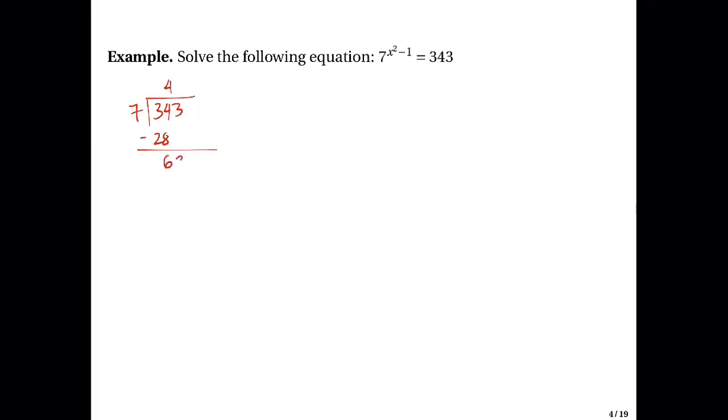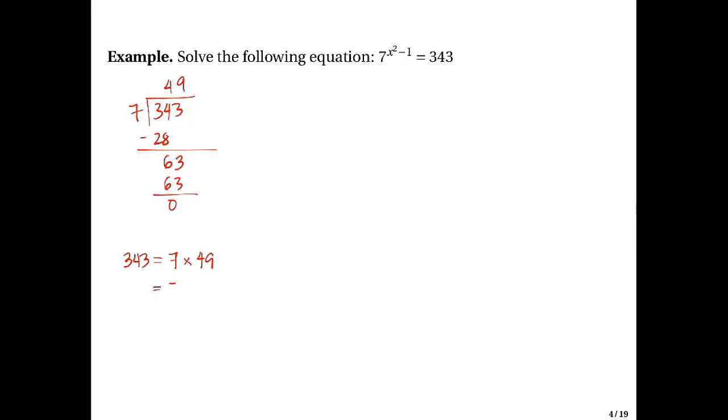And then we now have 63 divided by 7. This is 9. And 9 times 7, this is 63. And this is equal to 0. Which means that your 343 is equal to 7 times 49. And I hope you easily know that 49 is 7 times 7.